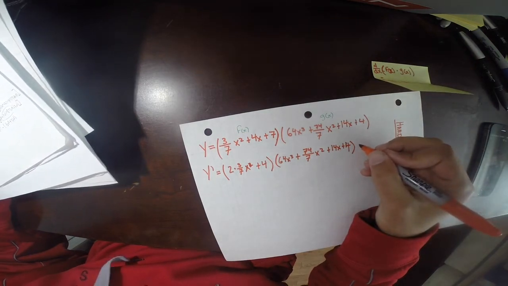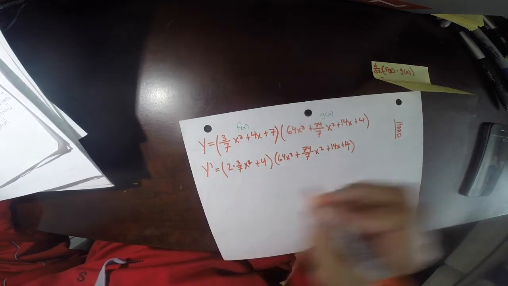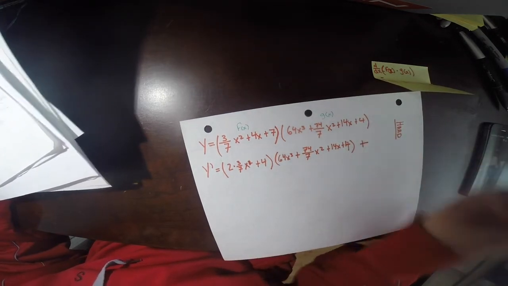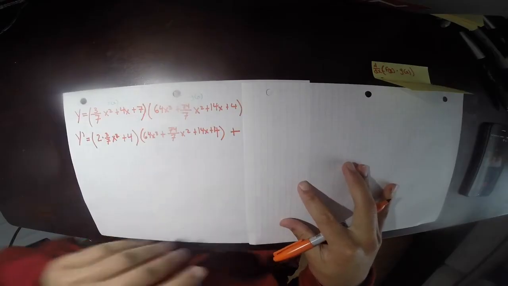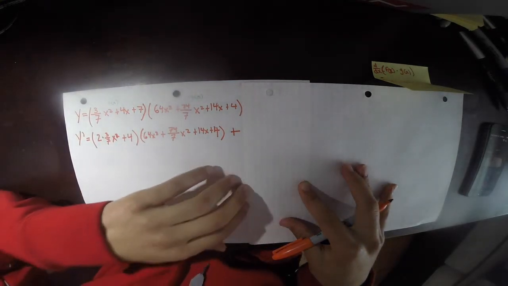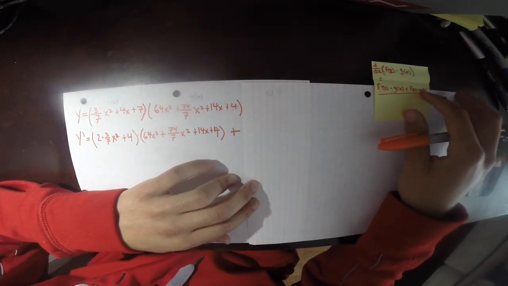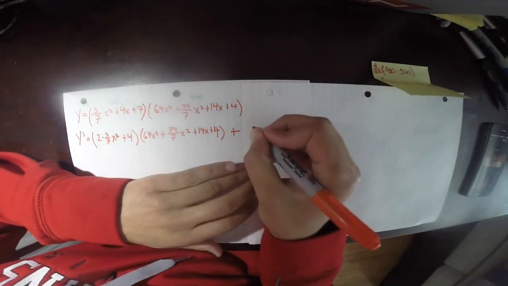Now you would want to add 2x. Now you have to do the second part of the equation. So normal f of x and then the derivative of g of x.